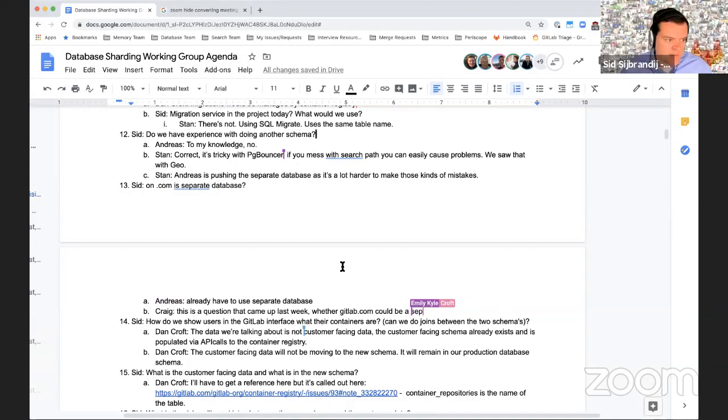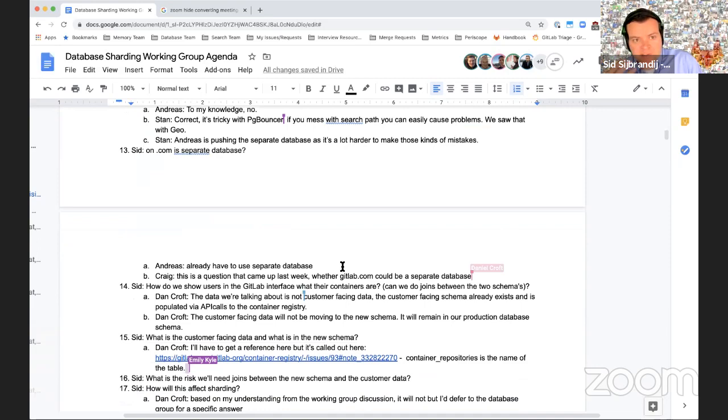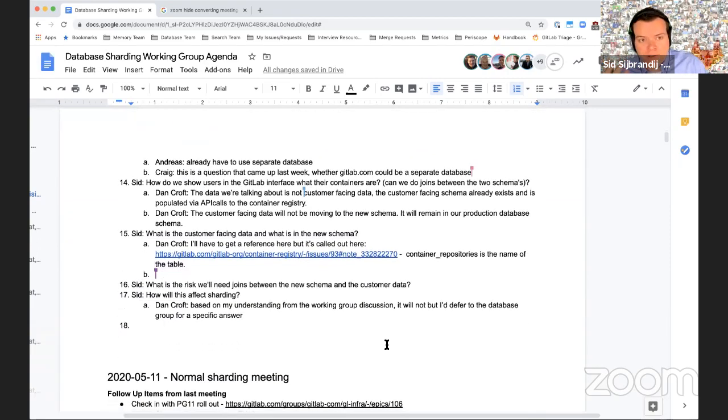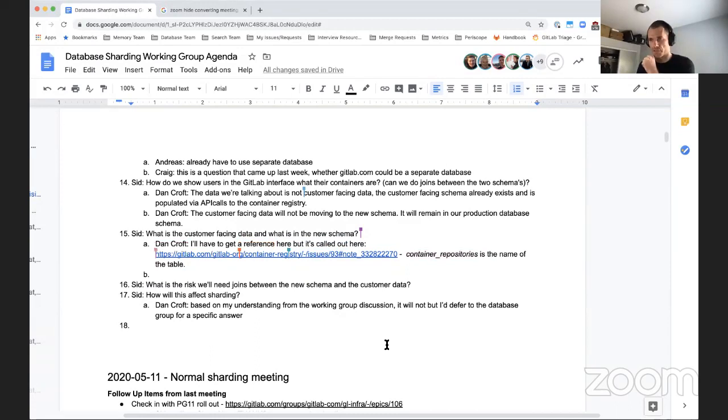Let's skip 14 because it leads to 15. What I'm afraid of is at some point we'll discover that we wanted to query the data in that, what are we going to call it? Container repositories is the name of the table. Oh, sorry, that's the internal.